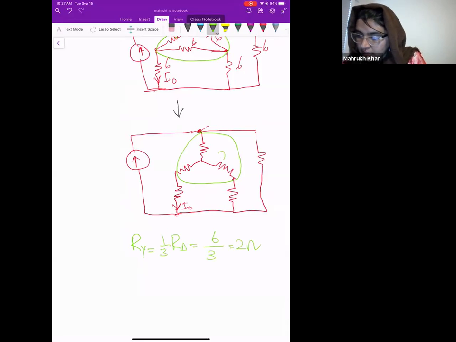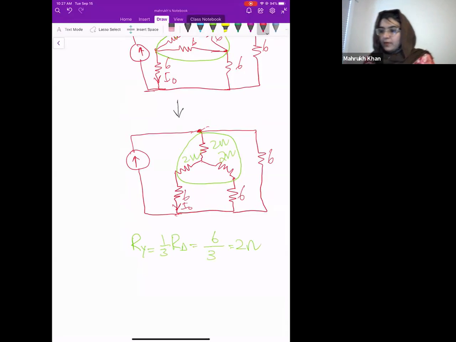So now these resistors are 2 ohms and the other are 6 ohms, right?